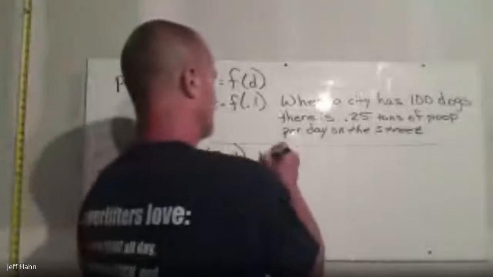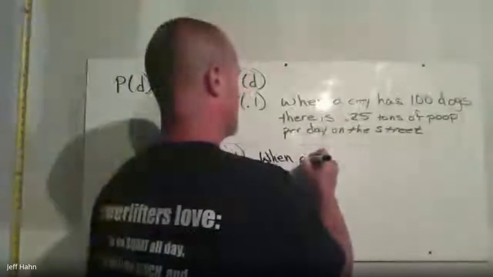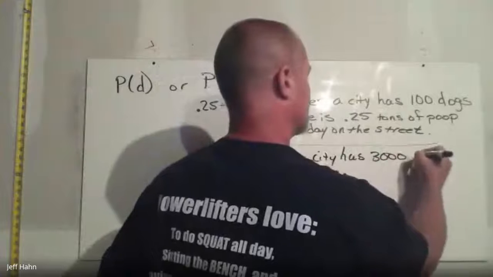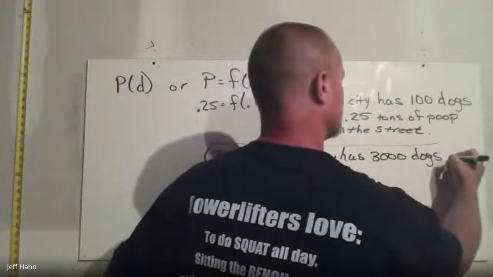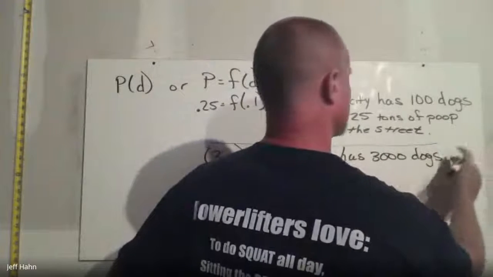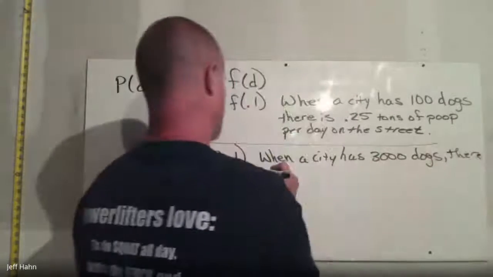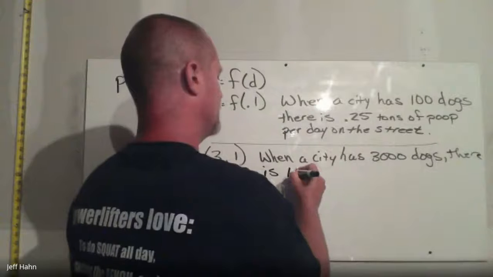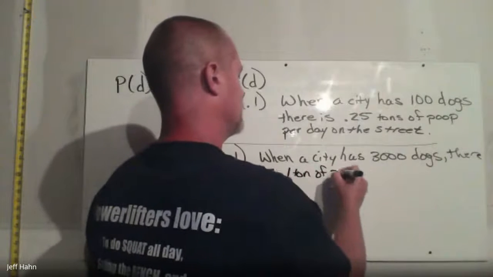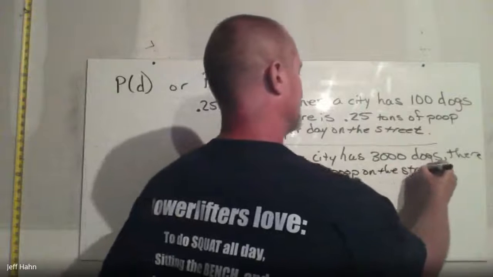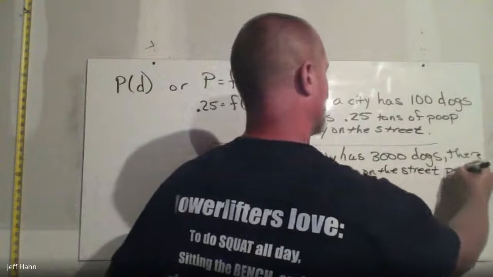So I'm going to say when a city has 3,000 dogs, there is 1 ton of poop on the street per day.